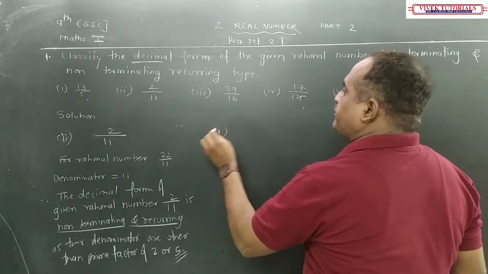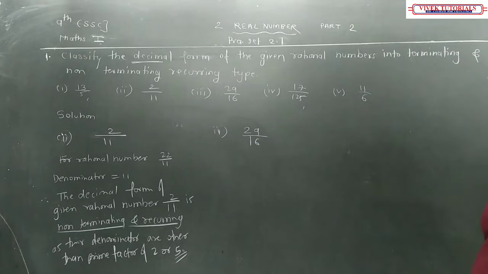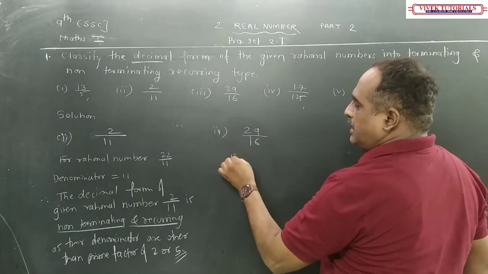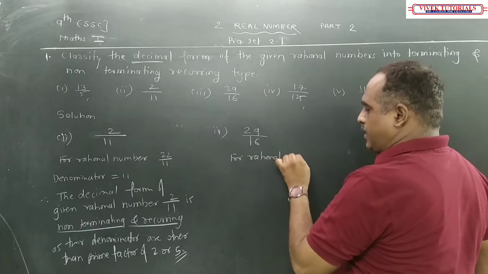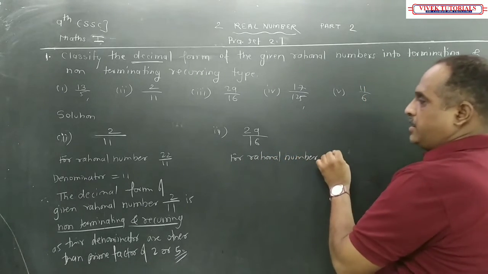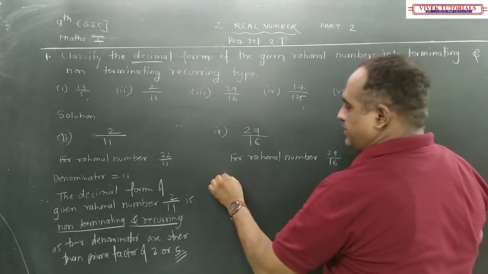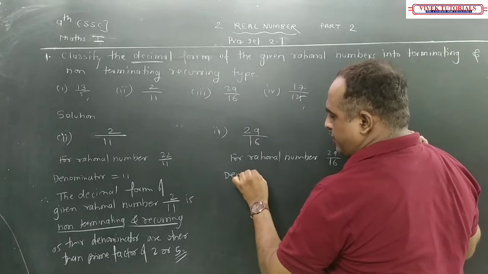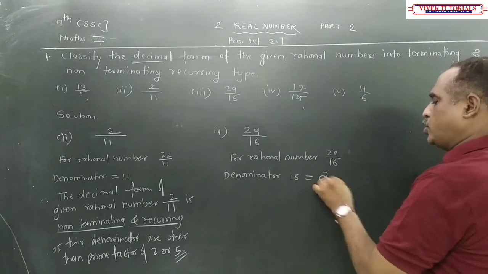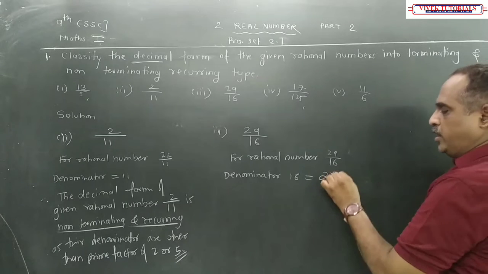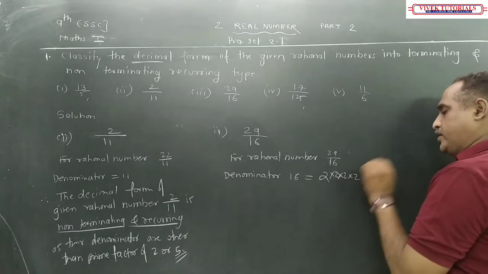You get the idea? 29 upon 16 is there. So what I can write? For rational number 29 upon 16, denominator is 16. 16 के factors निकालो. 2 into 8, again 2 into 4, again 2 into 2, means 2 2s are 4, 4 2s are 8, 8 2s are 16.